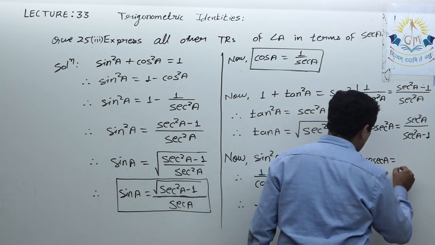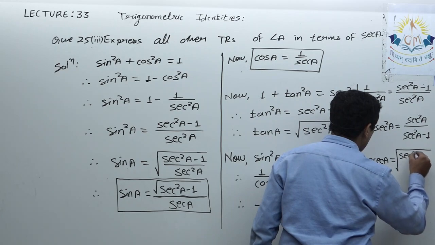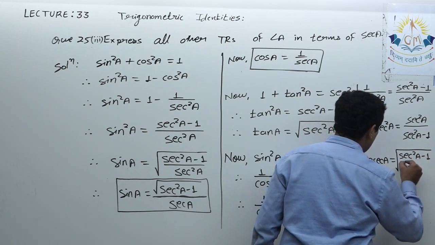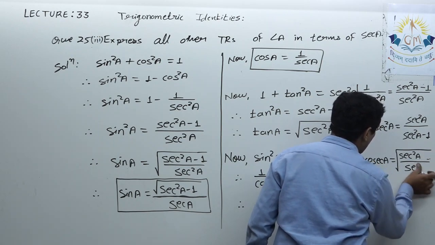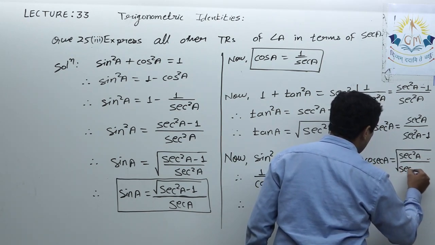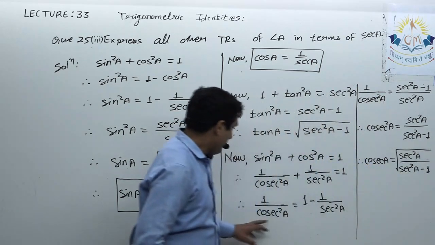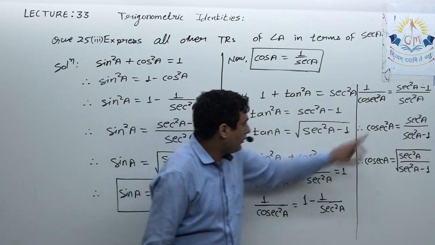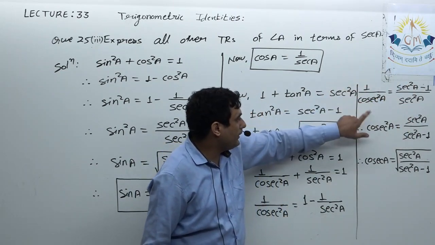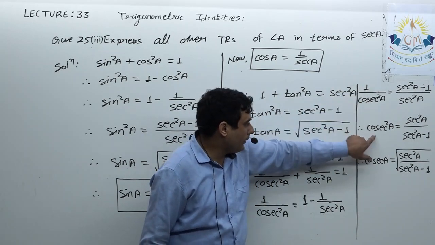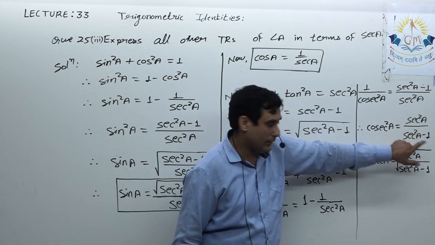Here I first took the LCM, so I got sec square A minus 1 upon sec square A, then I reciprocated, so the numerator and denominator interchange, and I got sec square A upon sec square A minus 1.